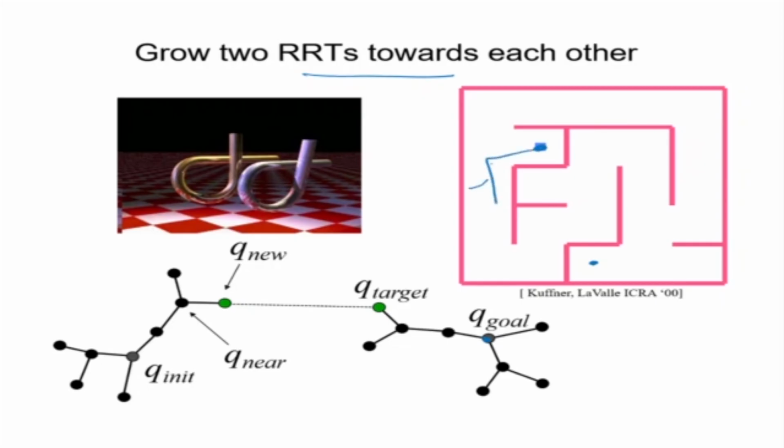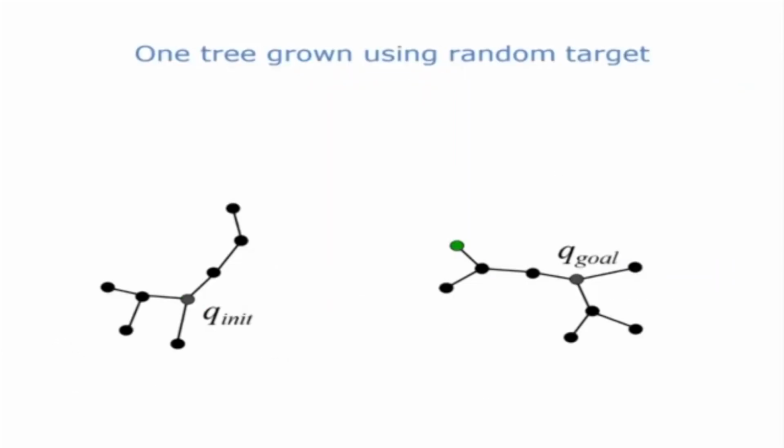One tree can probably come from here, like this. I'm just giving an example. Another tree is coming from here. I need to connect this node and this node now. How do you connect these nodes? That is something we are looking at. One tree is grown using a random target, and I want to see whether this can hit any point of the initial tree.